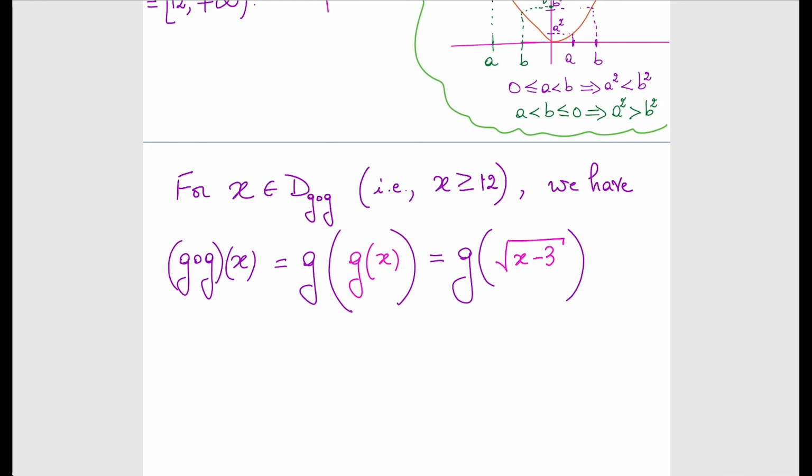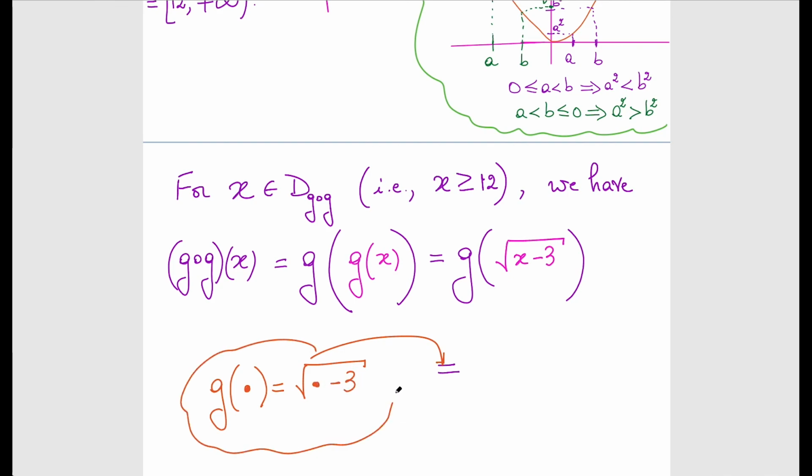Now the square root of x minus 3 is going to be sent again to the function g, right? So let's again revisit what the function g is. G of an input is the square root of the input minus 3, correct? That's what the function is. Who's my input now? That's my input. So g of star is square root of star minus 3. Who's my star? It's the pink expression. It's that guy, right?